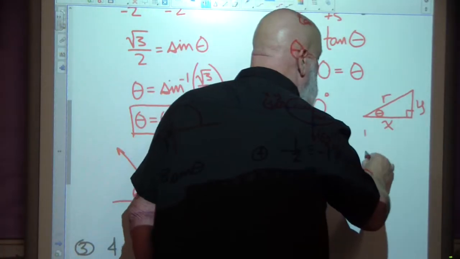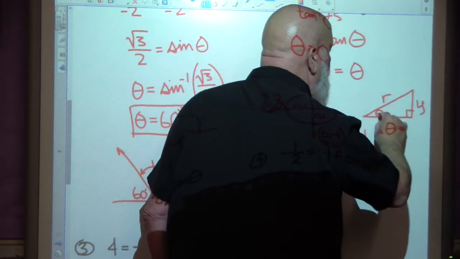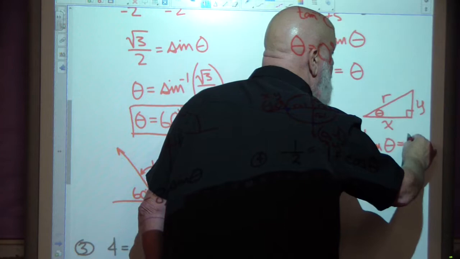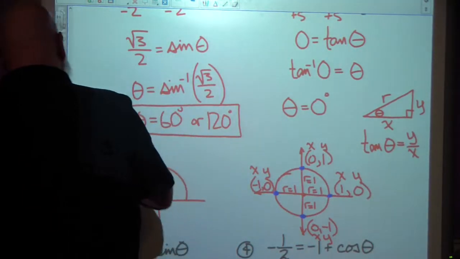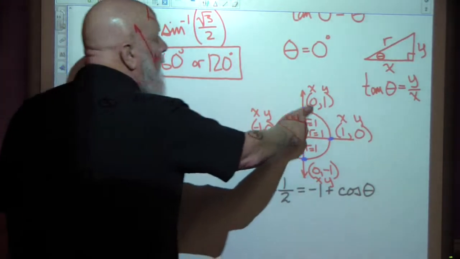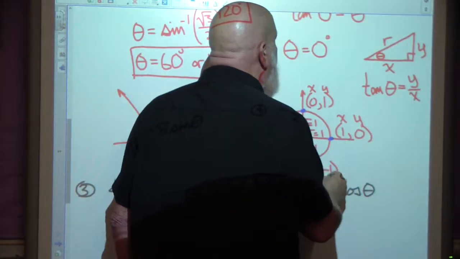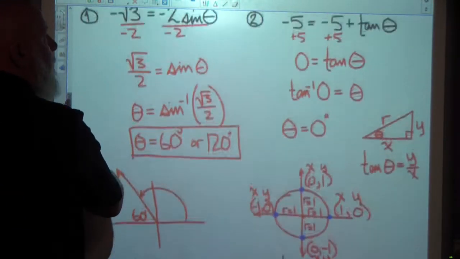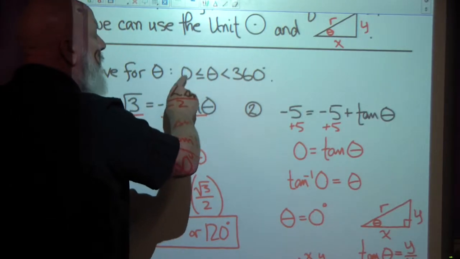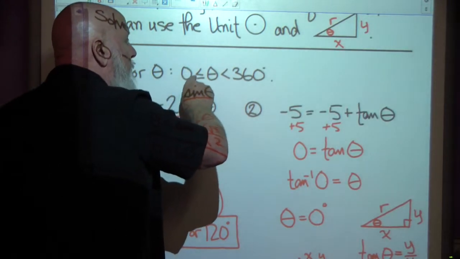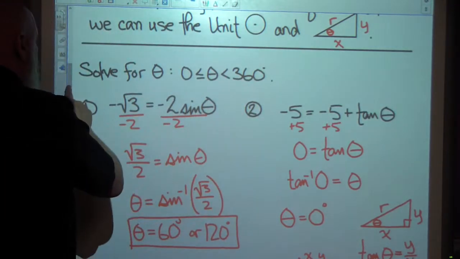I'm going to say the tangent of theta is equal to opposite over adjacent, y over x. And then I'm going to go around this unit circle and find where y over x equals 0, and I'm going to make sure that I only go around once. I'm limited to between 0 and 360. 360 is not included. It has to be less than 360.